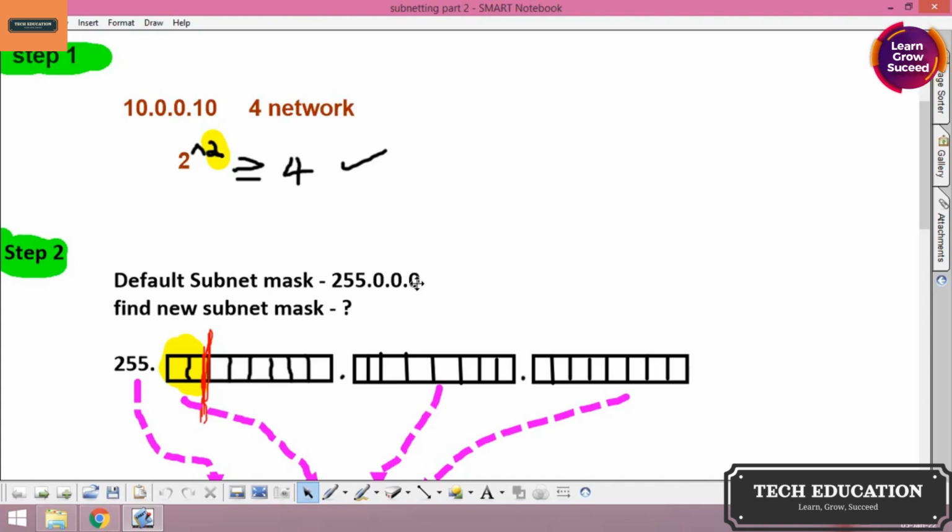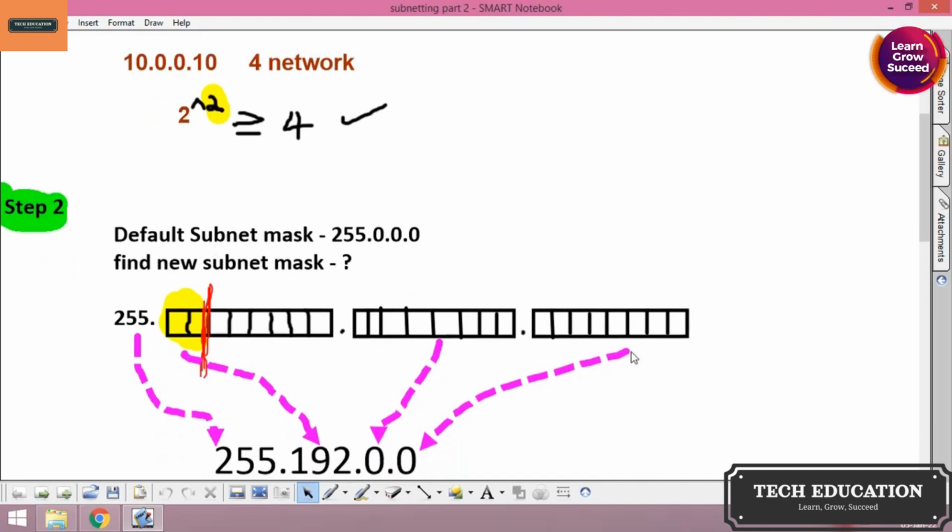I write the default network portion. What is the formula for a new subnet mask? Don't disturb the network portion, and apply 0 to all host portions.